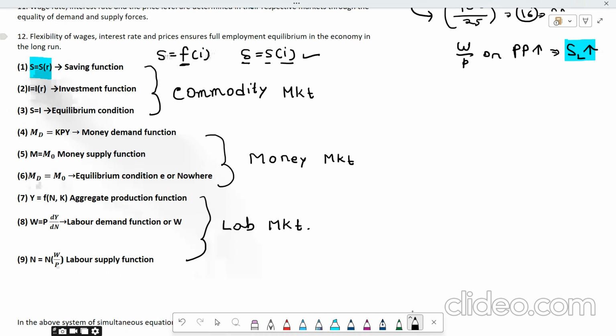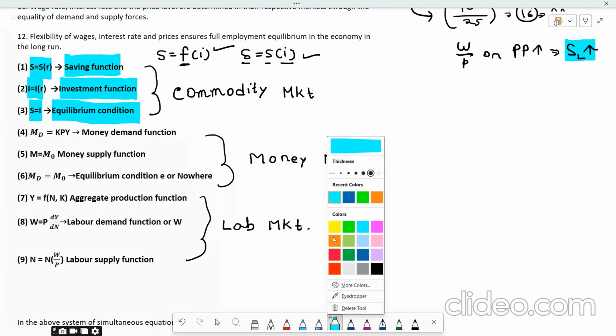Both ways of writing are correct. So this is the saving function, this is the investment function, and the equilibrium condition for the commodity market will be where savings and investment are equal. I will show it graphically in the next segment.